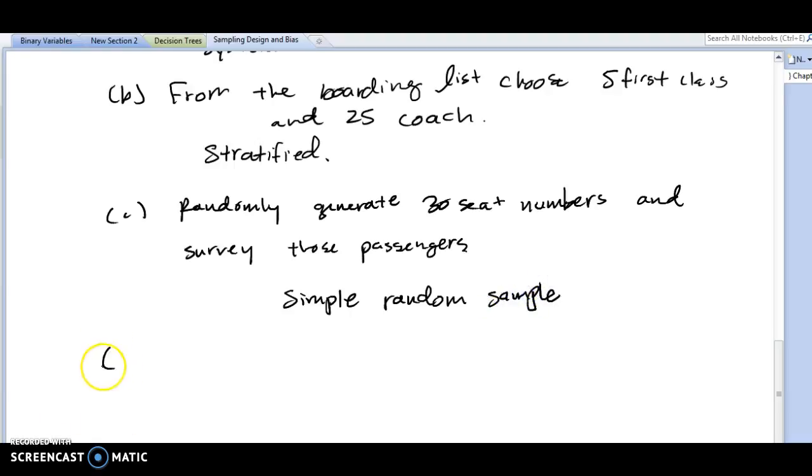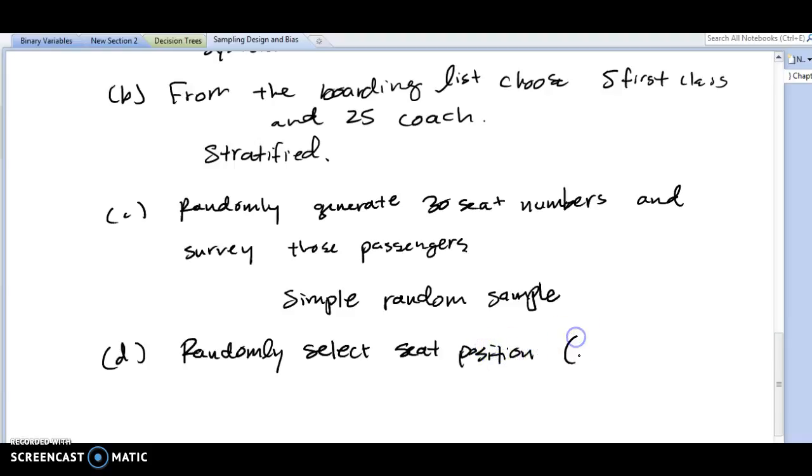And then the last method, D, randomly select a seat position. Let's say, window, middle, or aisle, and survey all passengers in those seats.